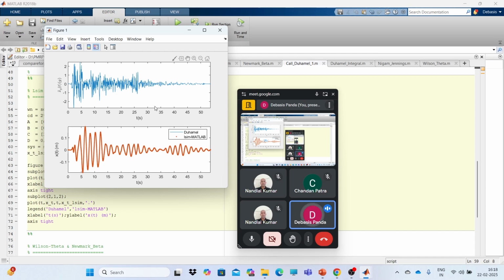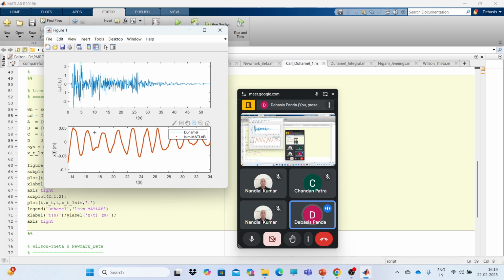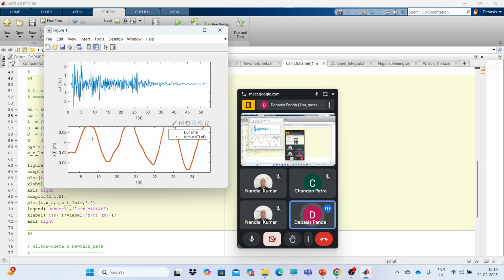Here also I have compared with the Duhamel integral, to check whether my code and the system are stable or not, or whether I am getting the stabilized response using the LSIM command. So obviously I'm getting this true. Here also you can see that the two responses match closely. If I zoom in a little bit, you can see the two responses match very closely using the Duhamel and using the LSIM method. So we can say okay, my numerical solution is good, and we can go with the numerical solutions.